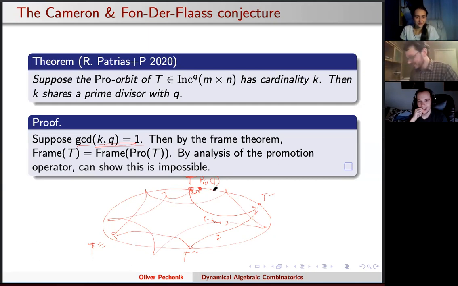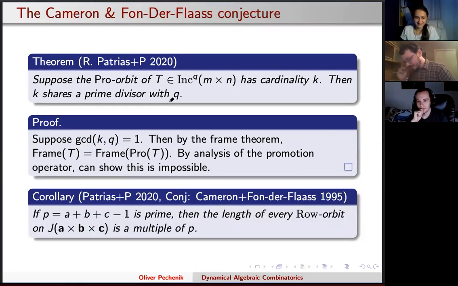It's not so hard to work out that it is not a thing that can happen. It's just impossible for the frame to stay the same as you do that. Okay, and so you win. So there's a contradiction, and so therefore it wasn't really the case that they were relatively prime. So you win. Okay, so their corollary, in the case that you're prime, everything is going to be a multiple.